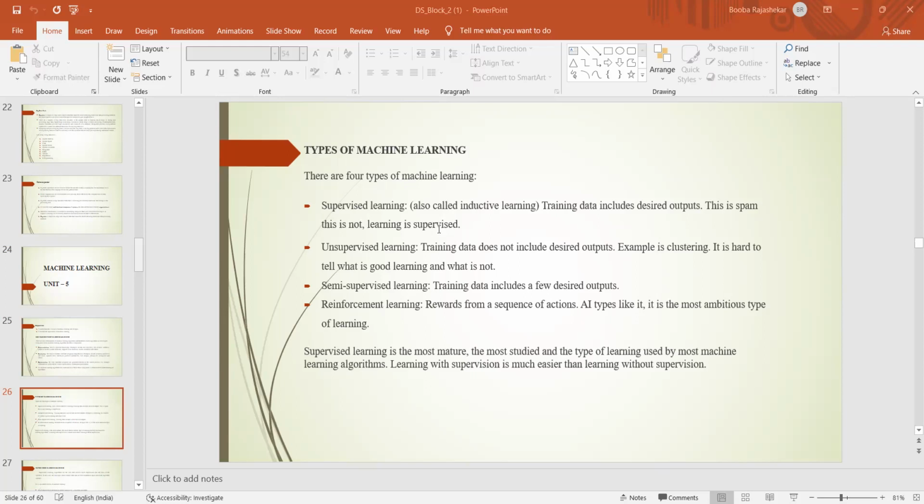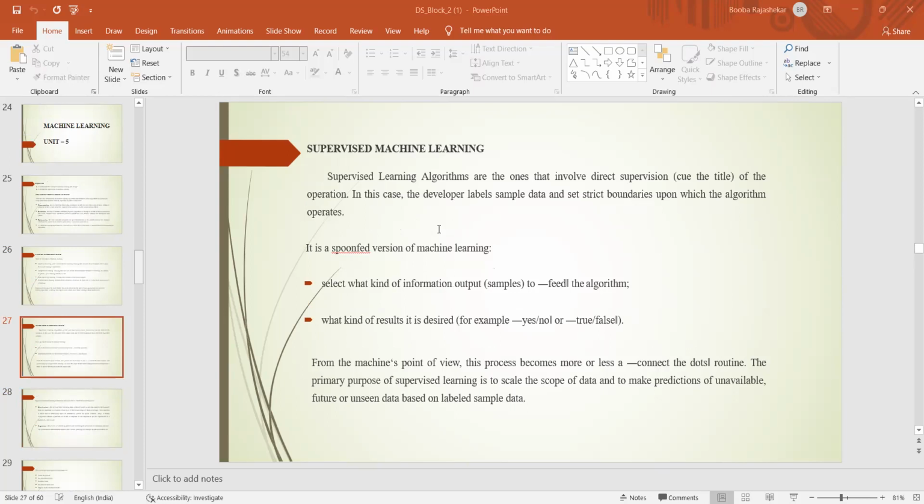It is the most ambitious type of learning. Supervised learning is the most mature, the most studied, and the type of learning used by most machine learning algorithms. Learning with supervision is much easier than learning without supervision.